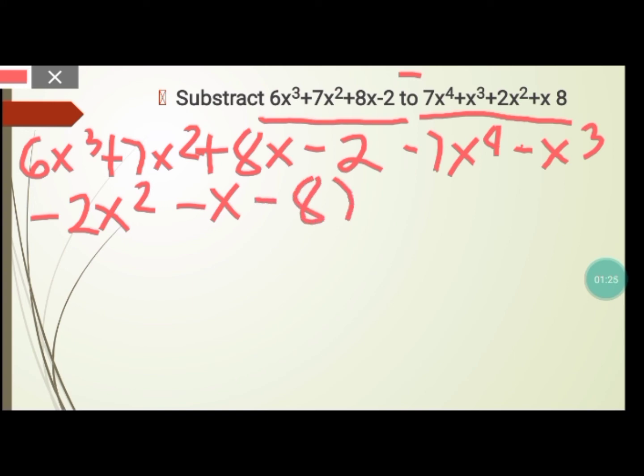So we have this situation. After distributing the negative sign, next you are going to combine the similar terms.